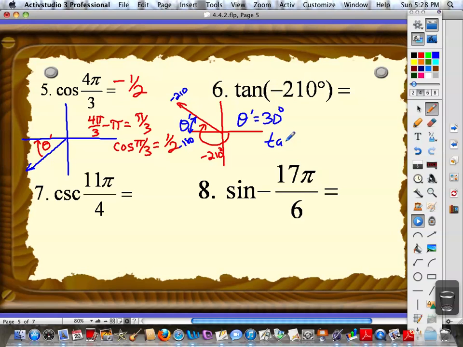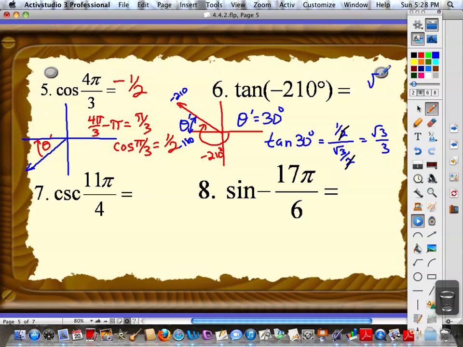So what is the tangent of 30 degrees? Well, I don't have the tangent memorized. What I remember is that the tangent is the y over the x, or the sine over the cosine. And I know the sine of 30 is 1/2. The cosine is square root of 3 over 2. Those 2's will end up dividing each other out, and I'm going to end up with square root of 3 divided by 3.